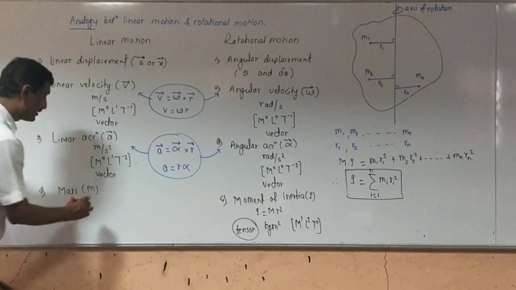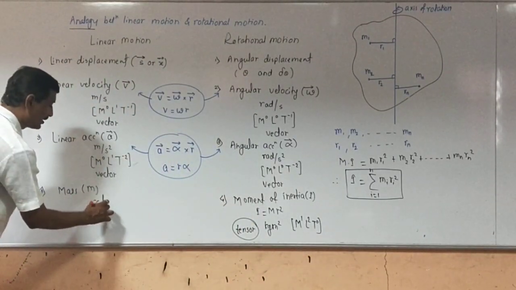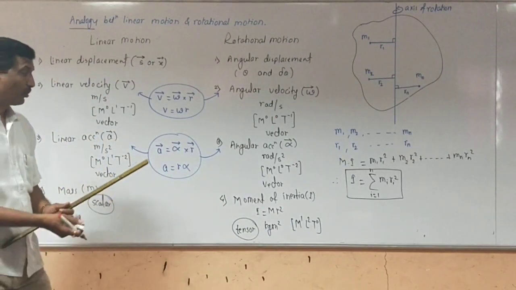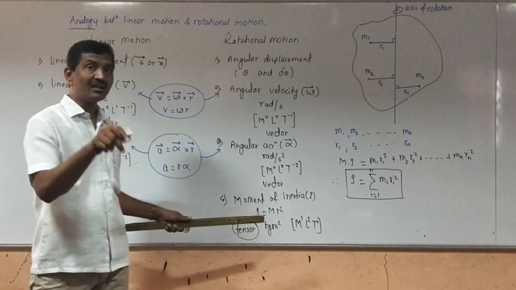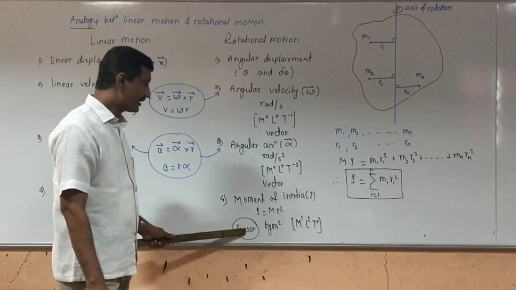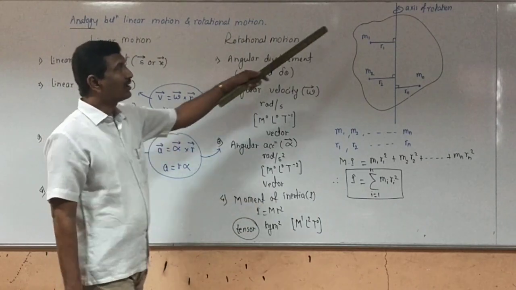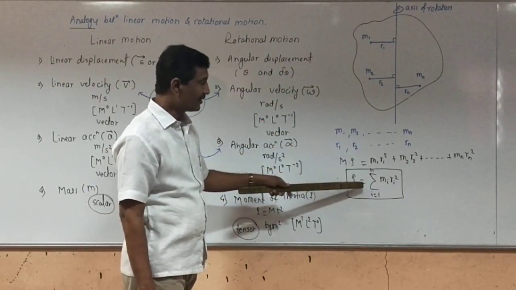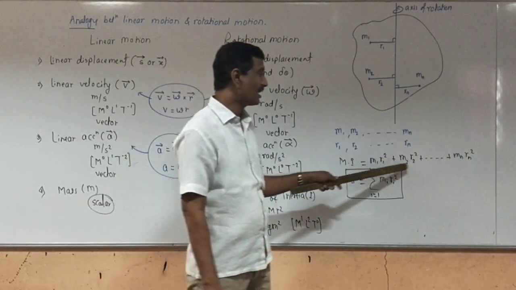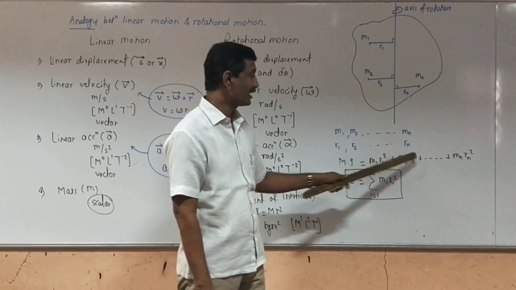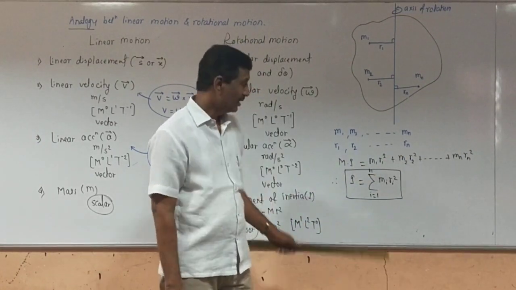We know that mass is a scalar physical quantity, while moment of inertia is neither a scalar nor a vector, so it is a tensor. The moment of inertia of a rigid body about a given axis of rotation is defined as the sum of the product of the masses and the square of the distances of the particles from the axis of rotation.